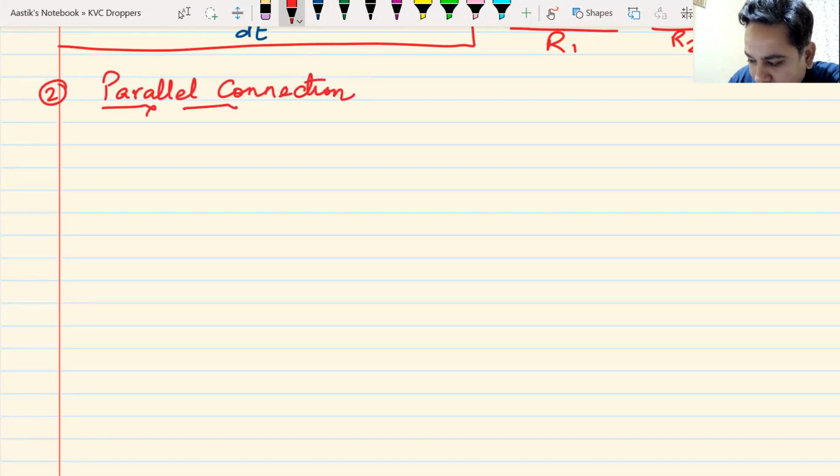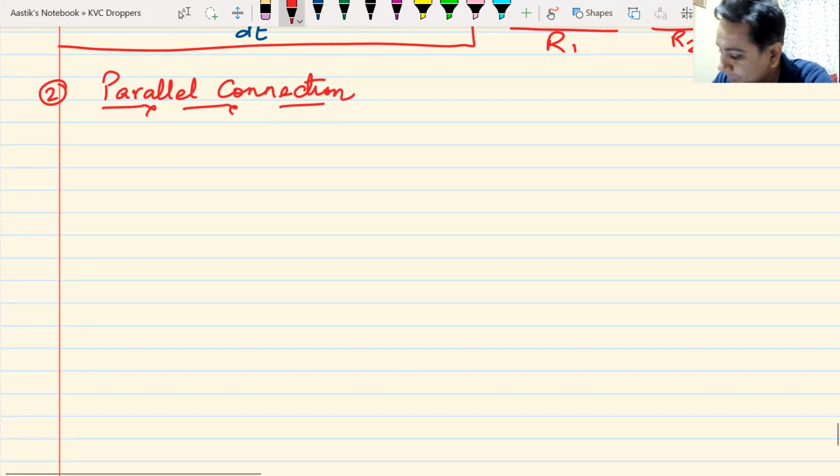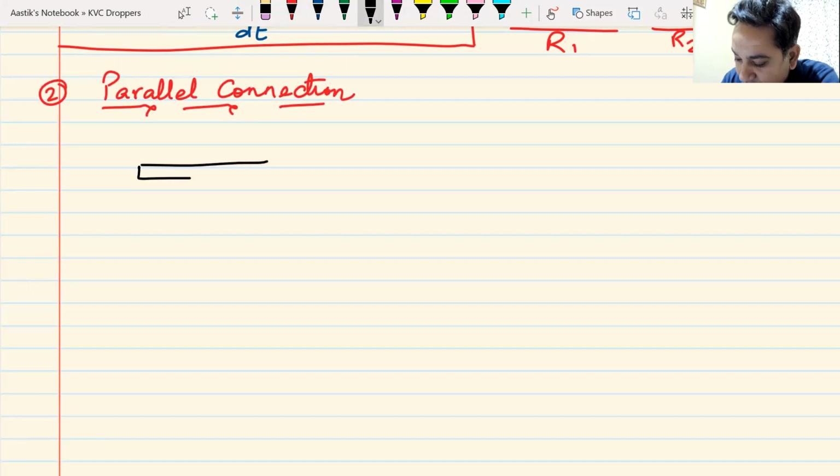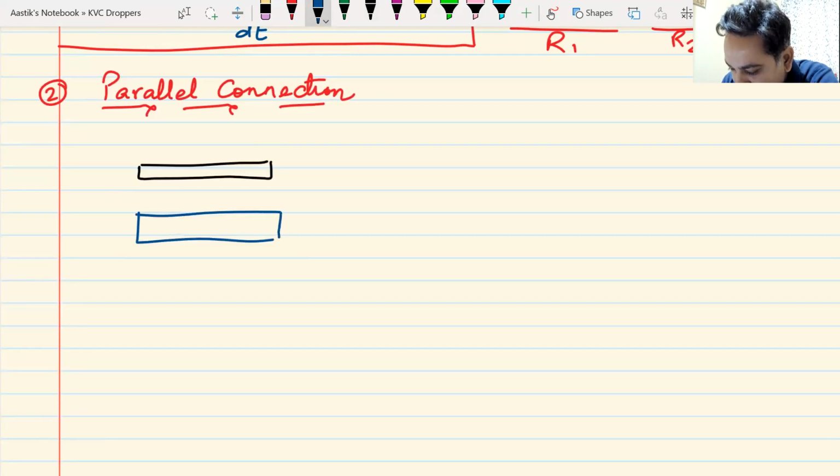In this parallel connection, what will happen if I just draw it in terms of rods? Since you should be able to understand in terms of rod, this is rod number 1. This is a different rod made up of a different material. Rod number 2, they are put like this.